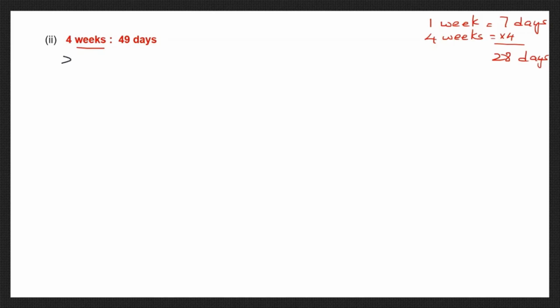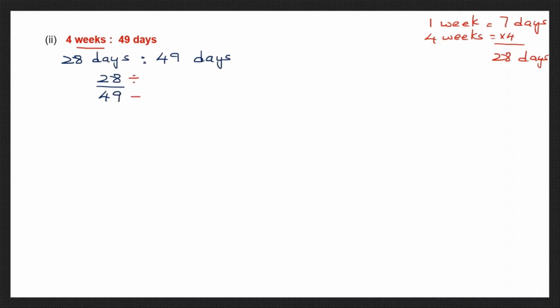So 4 weeks is 28 days. And the second one is already in days, 49 days. So both the units are the same now. Let's convert them to ratio in the simplest term. So to make it a fraction, 28 by 49, divide both by common term.